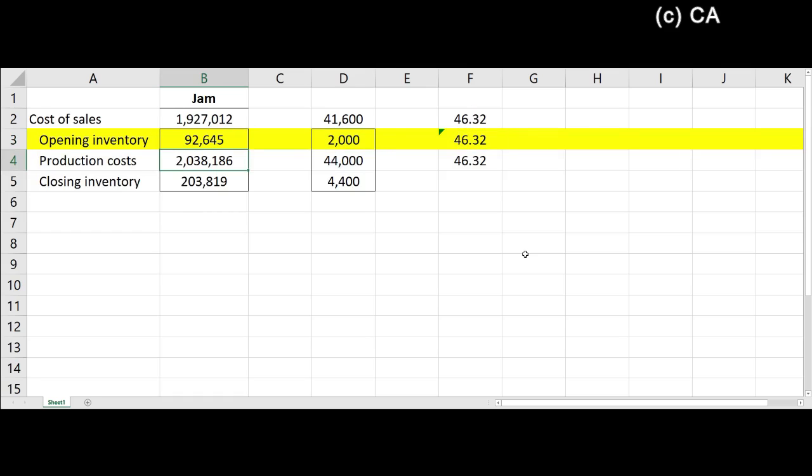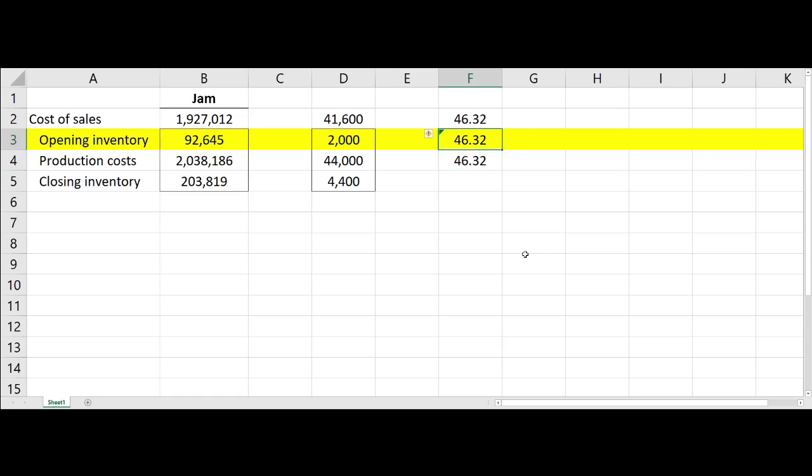Now, you can see again, if there is opening inventory, and if your product costs have not changed from the prior year to the current year. So remember, opening inventory that we are looking at over here, that's the prior year's closing inventory. So it's based on your prior year costs. So with all of the assumptions that I have over here, I'm assuming that my current year product costs are 46 Rand and 32 cents, and I'm assuming that the prior year product costs are also 46 Rand and 32 cents.